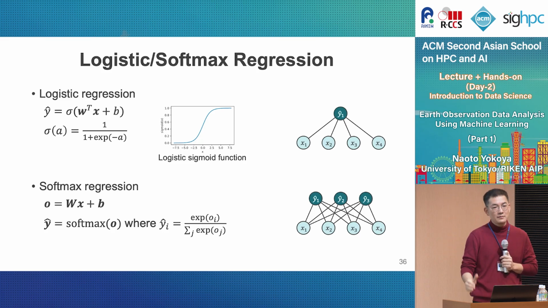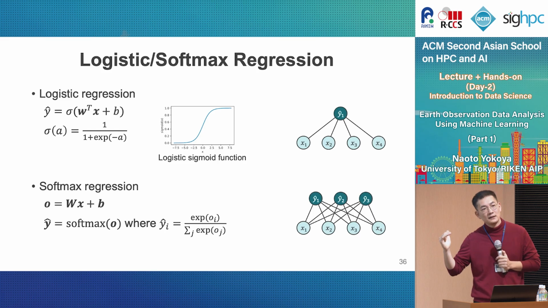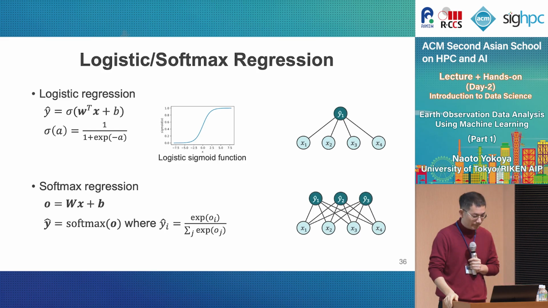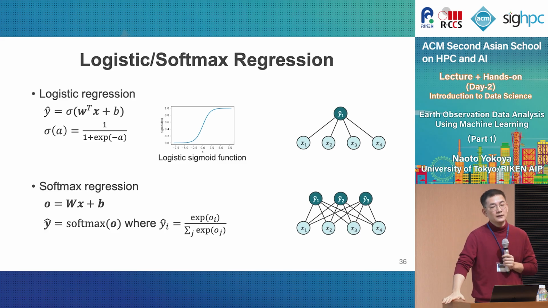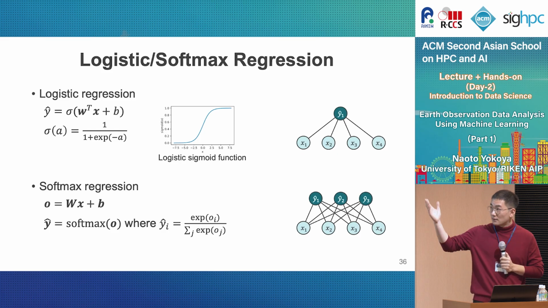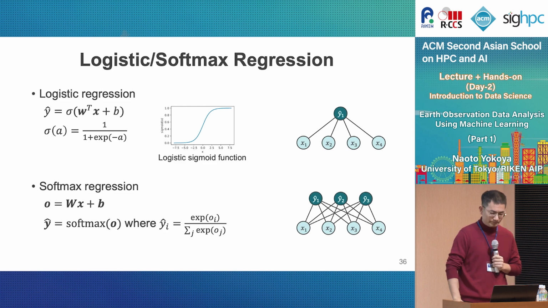And the output can be between 0 and 1. And this logistic sigmoid function can return a suitable value to be regarded as a probability, which is between 0 and 1. So if it's binary classification and a very simple task, maybe this is enough.